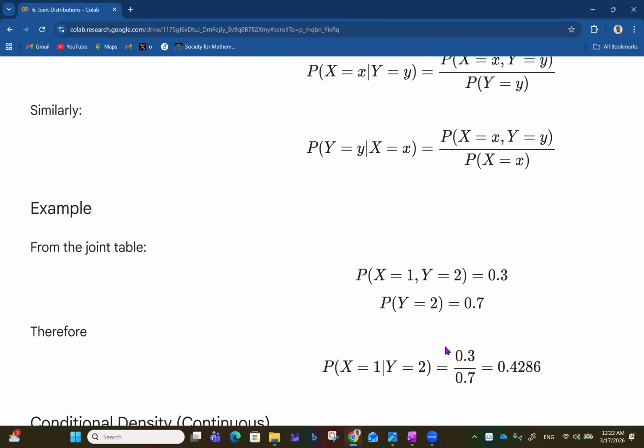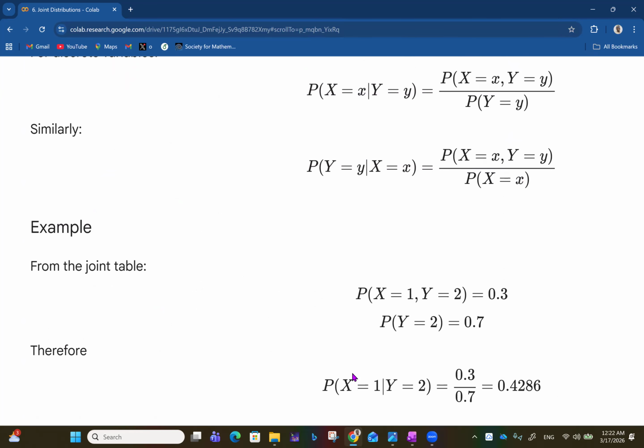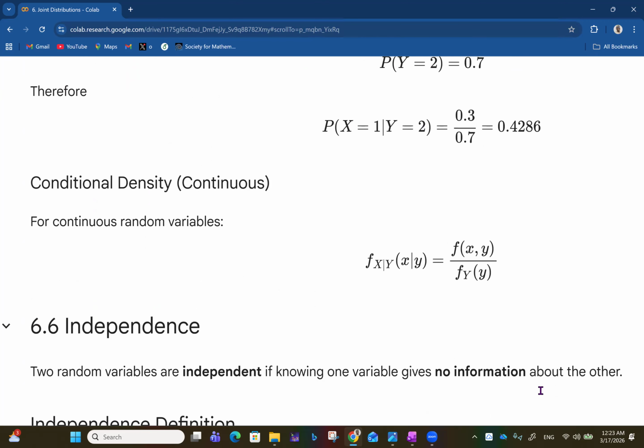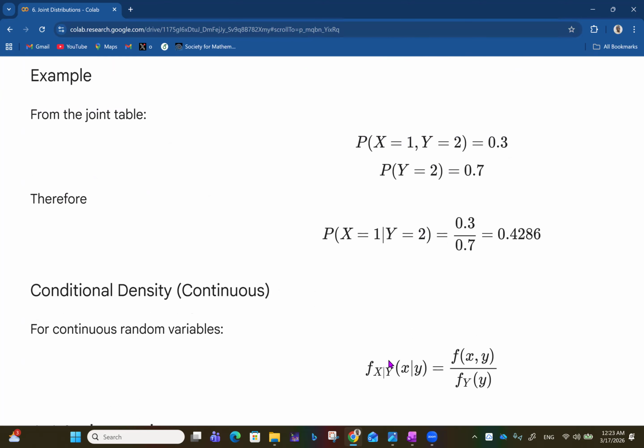Therefore, the probability that X is equal to 1 given that Y is equal to 2 equals the joint probability that X is equal to 1 and Y is equal to 2, all over the marginal probability of Y being equal to 2, which is 0.7. That gives you 0.4286.